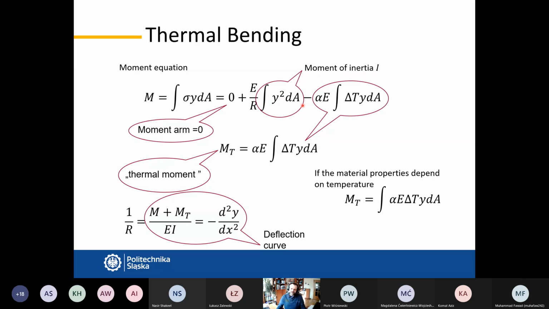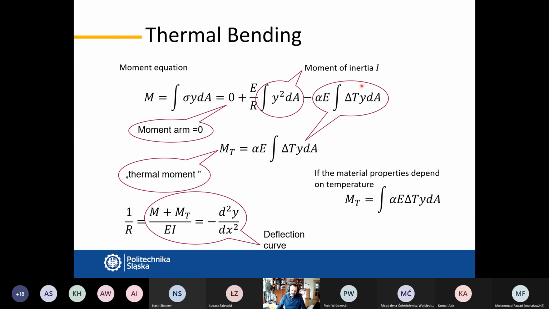This factor, as you may recall from the course of mechanics and strength of materials, is the moment of inertia, the integral of y squared dA. And here we have minus alpha E, integral of the temperature distribution times y.